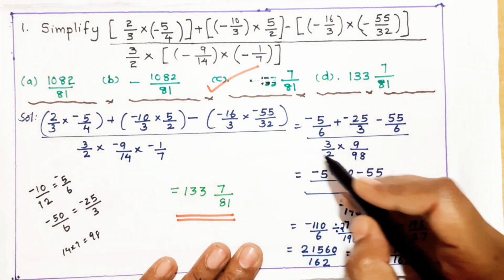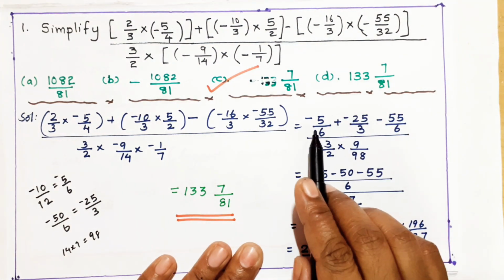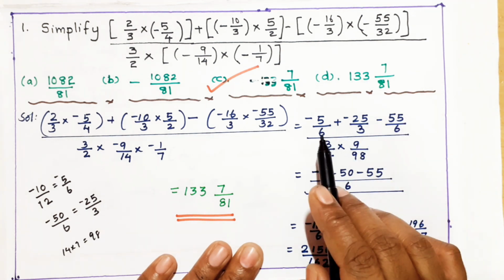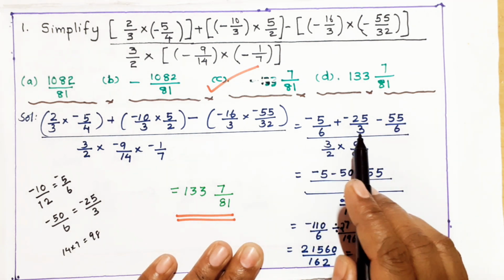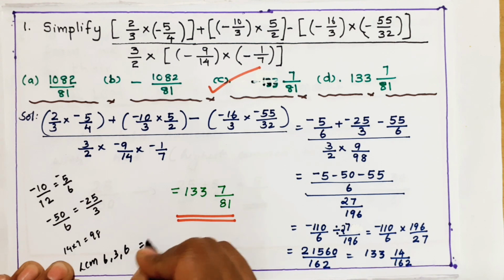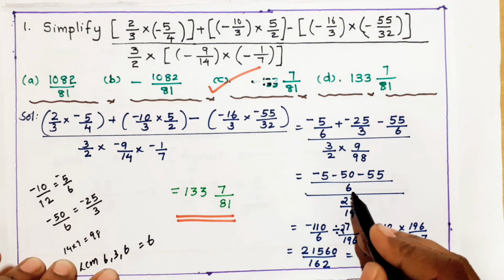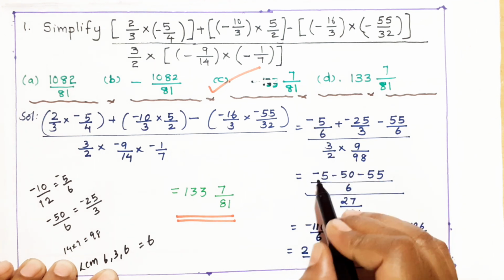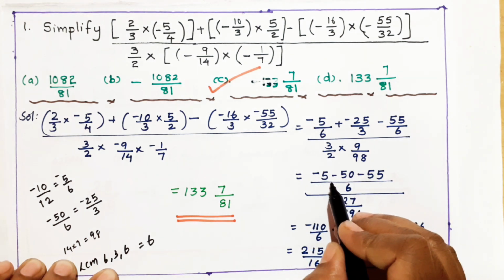After seeing this, you can understand that to add all these terms we should take the LCM. So what is the LCM of 6, 3 and 6? The LCM of 6, 3 and 6 is nothing but 6 only. So I have written 6. 6 divided by 6 is 1. 1 into minus 5, minus 5. Right?